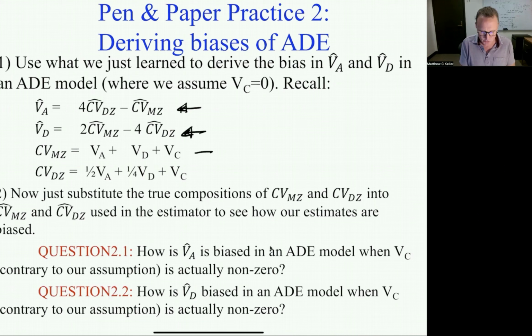And these are the true compositions of the covariance MZ and covariance DZ if we got the assumption that VC is 0 incorrect. All you need to do here is just substitute the true composition of those covariances into the estimator and see how our estimates are biased. So get an estimate of VA hat, then get an estimate of VD hat. Pause the video, do this pen and paper, and see you back in just a sec.